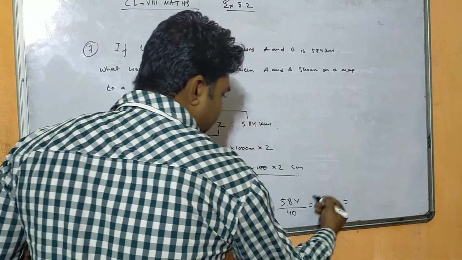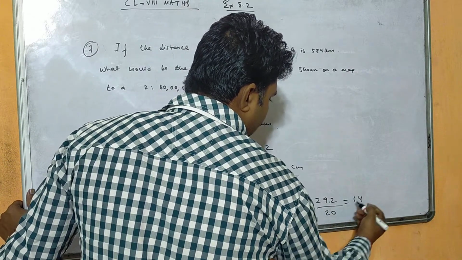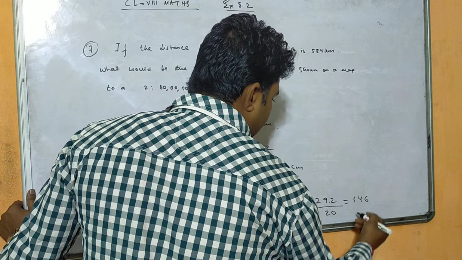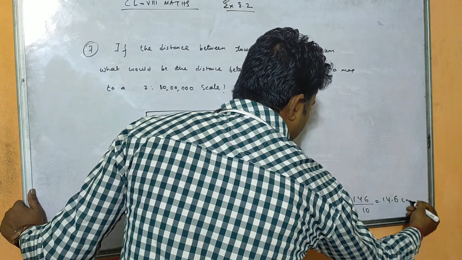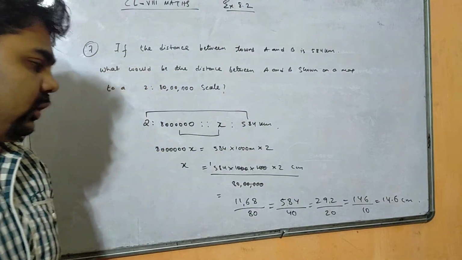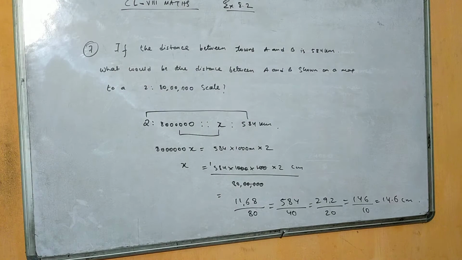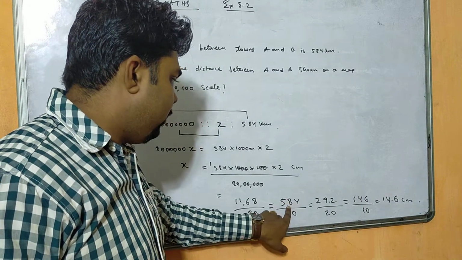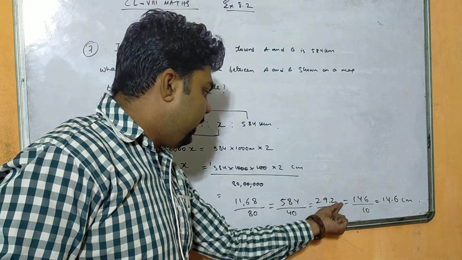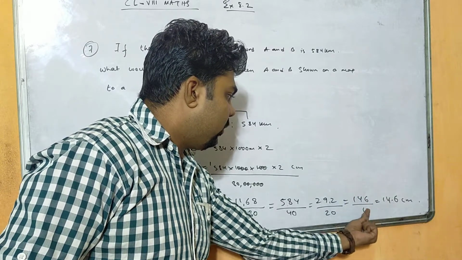Again if you cancel by 2, 2 1 is 2, 2 4 is 8, 2 6 is 12, right? Divide by 10, that is 14.6. This is our answer. Here, I have cancelled numerator and denominator by 2, and we got this answer. Again by 2 when you divide, we get this answer. Now the 0 is after 1 digit, point.